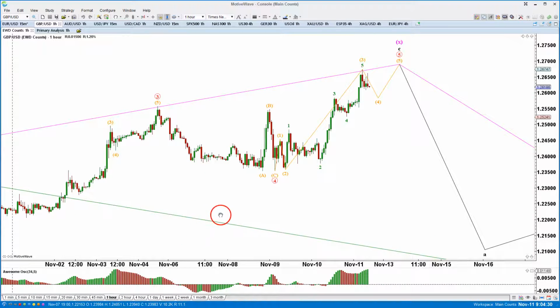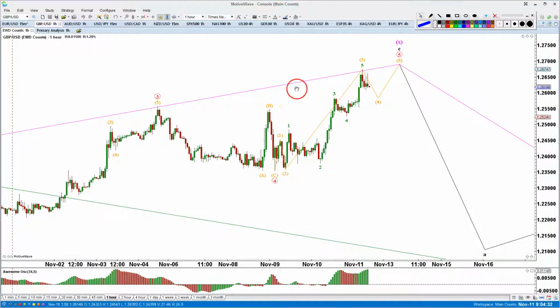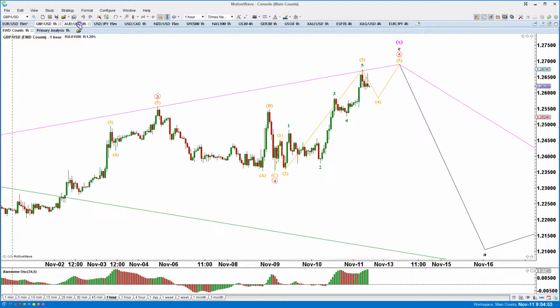Let's go to the hourly chart. On the hourly chart, the plan for the session today is to see the completion of the wave 4 orange and 5 orange. And then we can start building our trend line inside to find the end of this market cycle. Once the market cycle is over, we're going to start looking for the reversal after X.